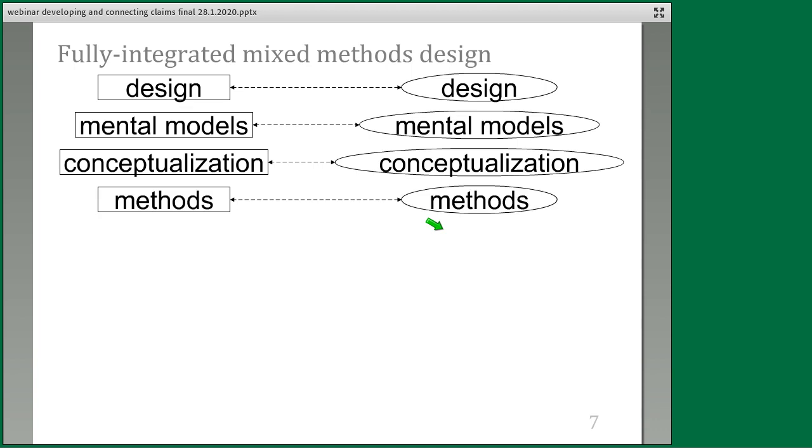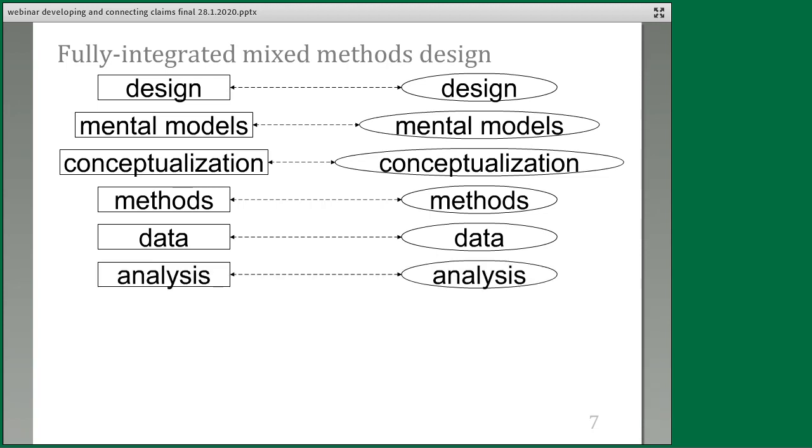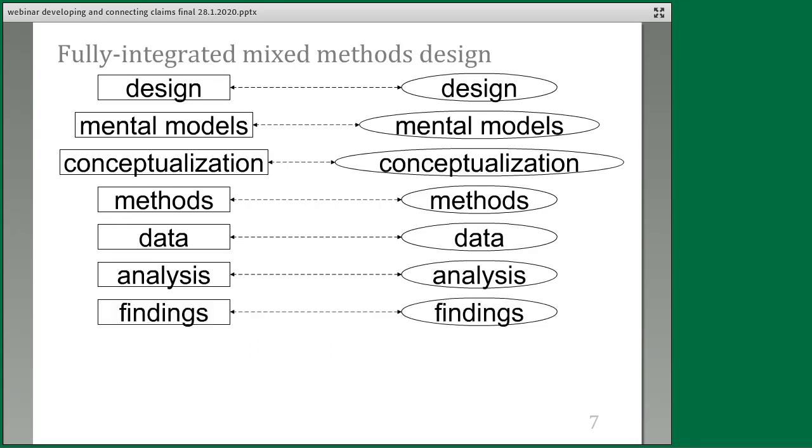And so we should also then arrive at the level of methods. We should mix qualitative and quantitative methods. We should mix quantitative and qualitative data. We should mix qualitative and quantitative analysis. We should mix qualitative and quantitative findings.